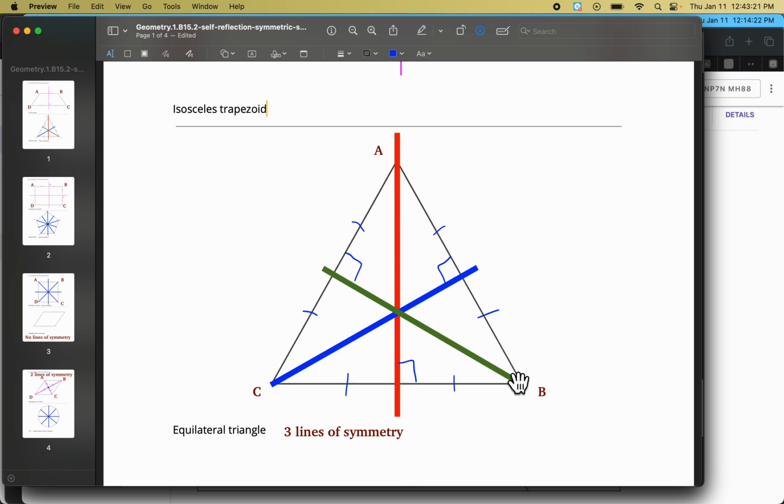From B across to a point that's halfway between A and C, and from C across to halfway between A and B. This is a right angle. These lengths here and here are exactly the same, and here and here are exactly the same, in order for those points to land on each other when you reflect. So three lines of symmetry for the equilateral triangle.